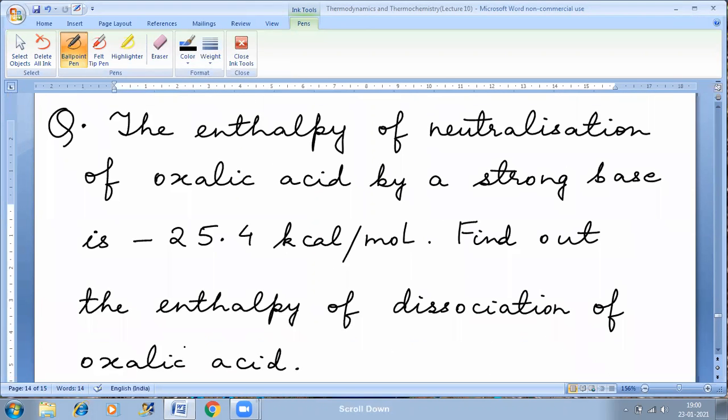Tell me one thing, have they mentioned in the question how many moles of oxalic acid are reacting?